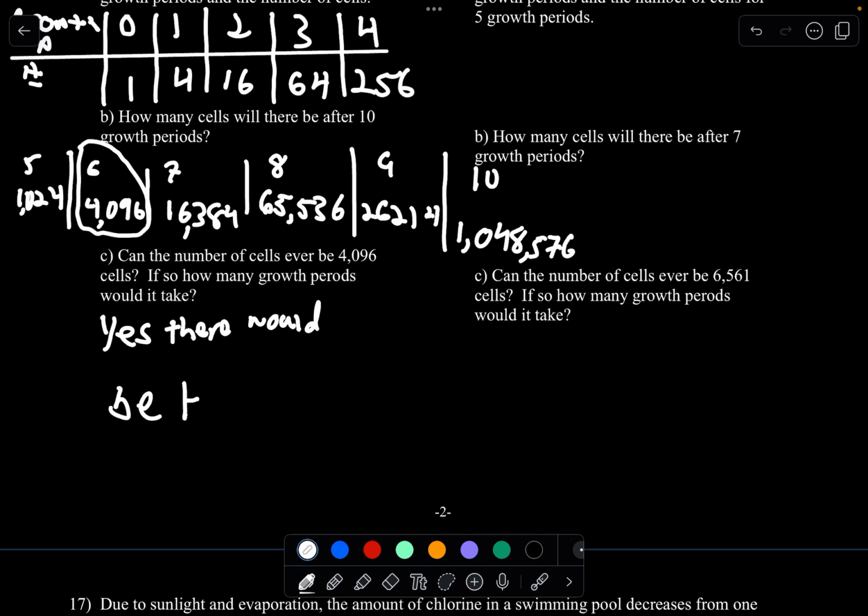Sorry, my pen needs a new tip on it. 4,096 in the sixth growth period.